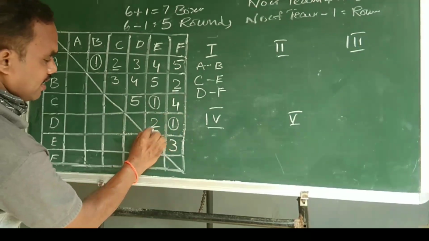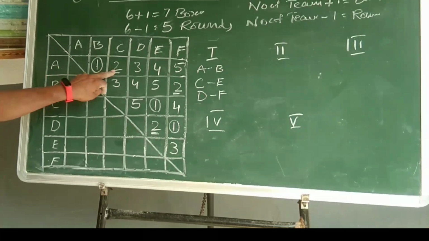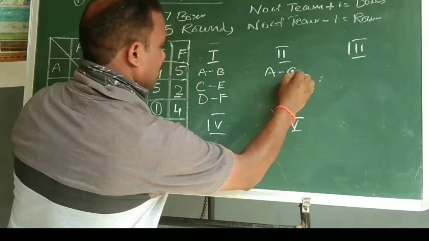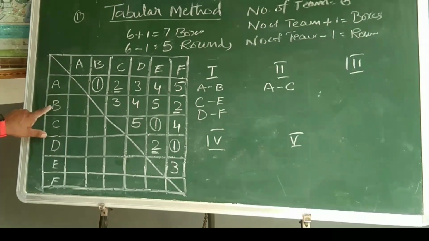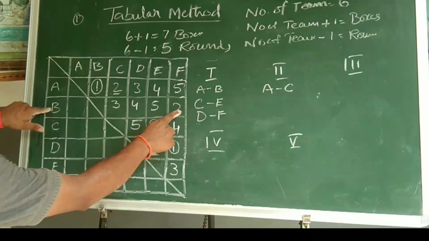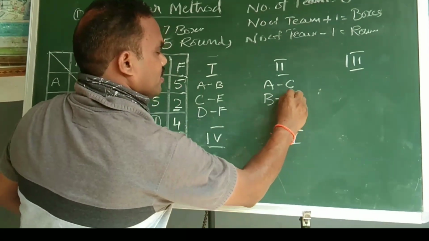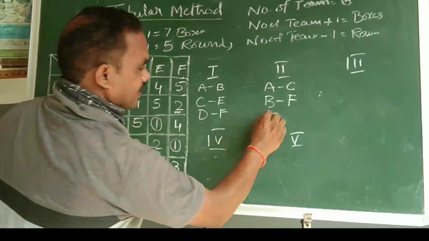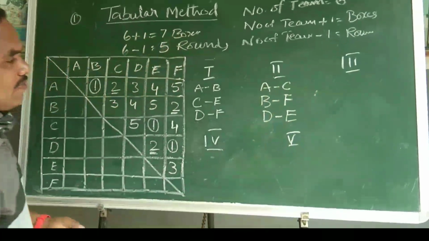So what is the matches from the second here? A versus C. In second round, first match A versus C, and second round, second match B versus F, and here D versus E. It is the third match.